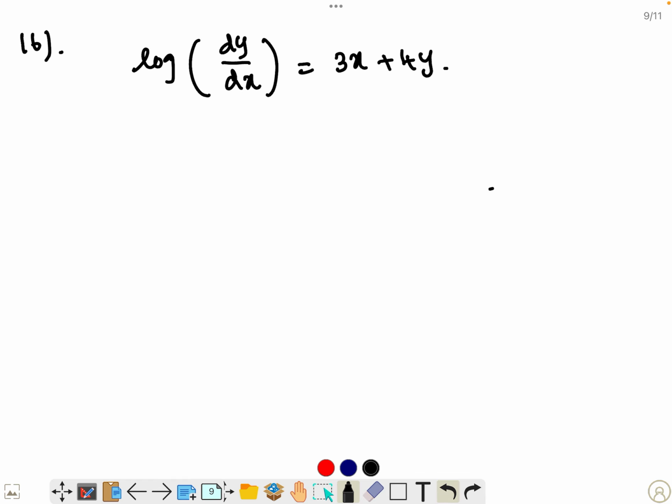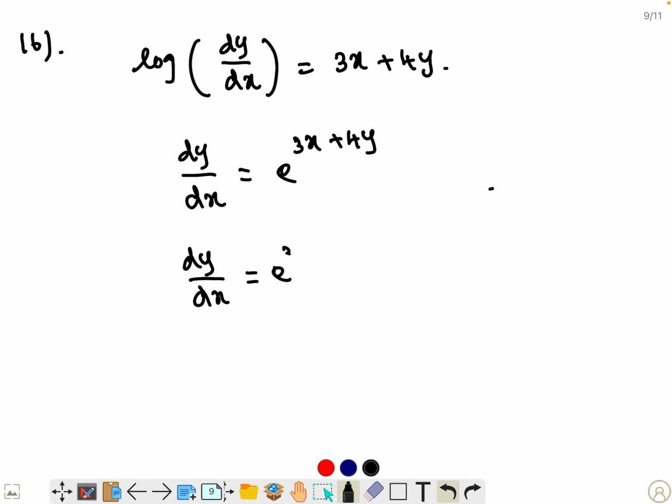I forgot these two questions, I'll solve them here. This is the 16th question: log dy by dx equals 3x plus 4y. So we need to solve this question. I'm going to write dy by dx equal to e power 3x plus 4y, so dy by dx equal to e power 3x into e power 4y.